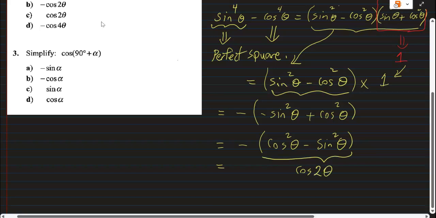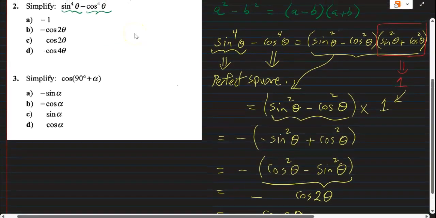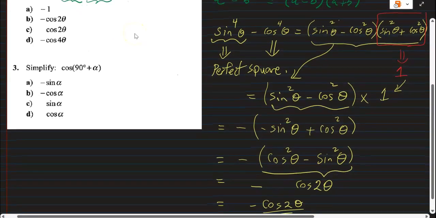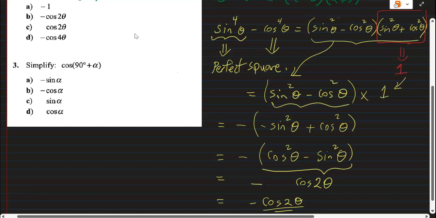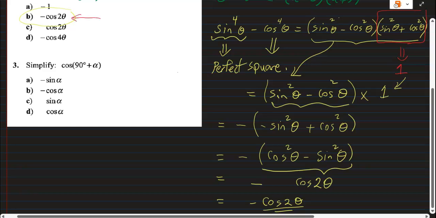So the final answer here becomes minus cos of 2 theta. That's how you go through question number 2, and then you match the answer. For the choices that we have, the answer is B, minus cos of 2 theta.